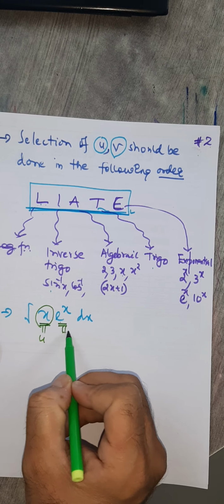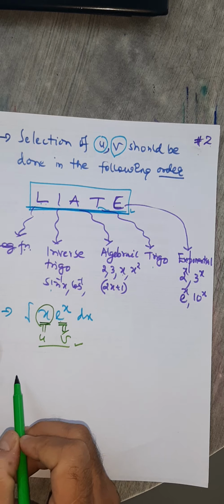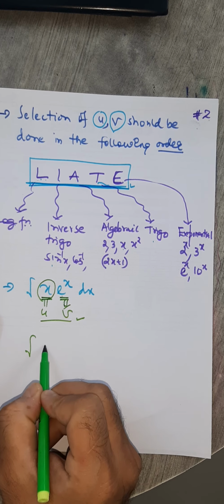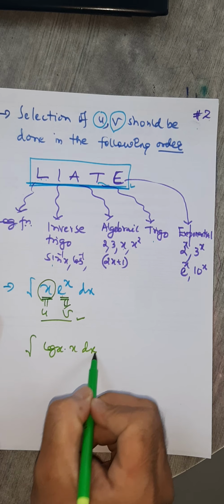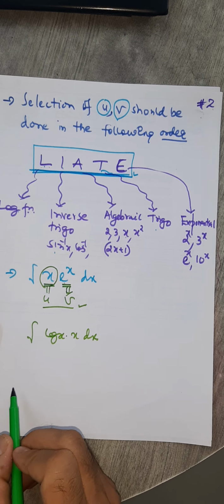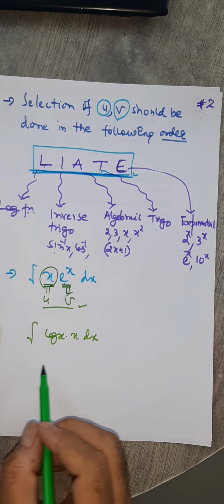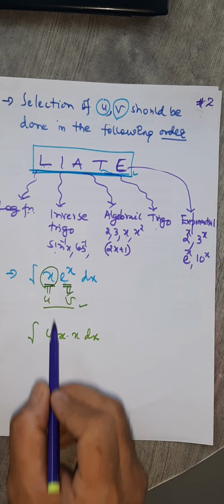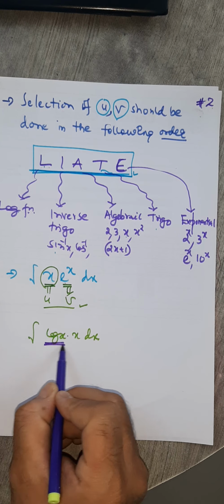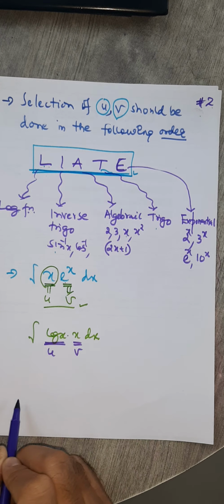That is exponential, so this should be taken as v. Suppose I have this, for example, log x into x, a product of two functions. You can do it by parts. How do we select u and v? Look at it, LIATE rule. In this order, which one comes first? Log comes first. So this has to be u and this has to be v, remember.